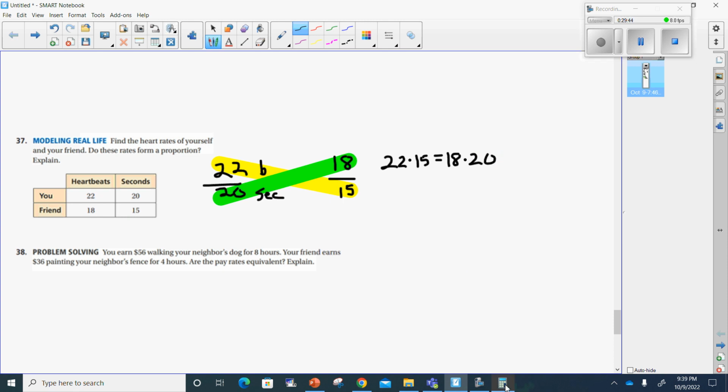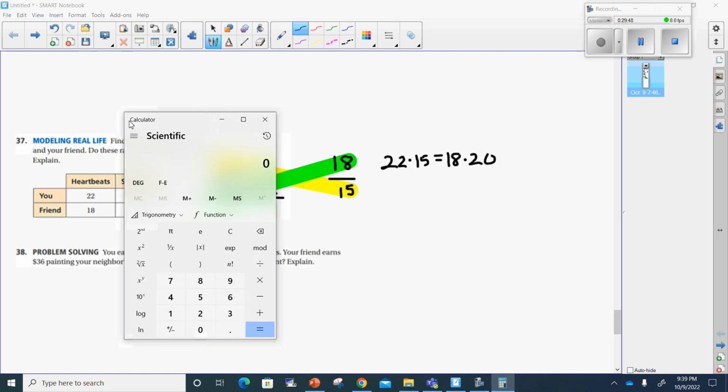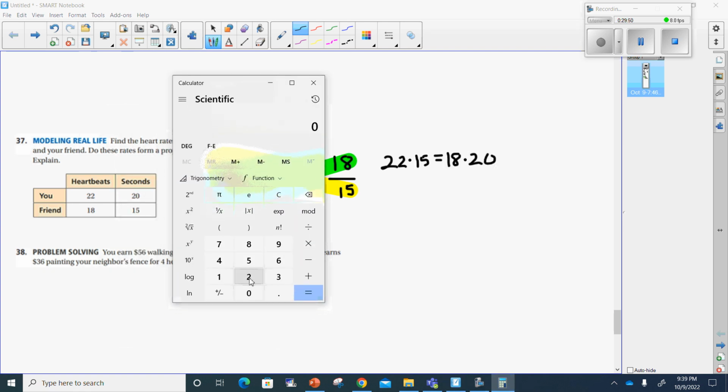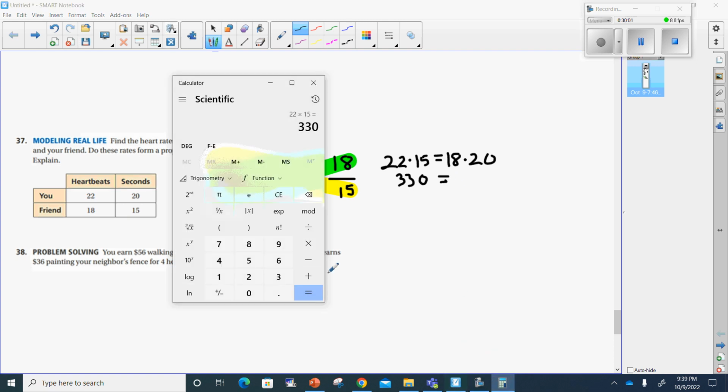All right. Well, let's do the first one. 22 times 15 equals 330. And now we'll try 18 times 20.